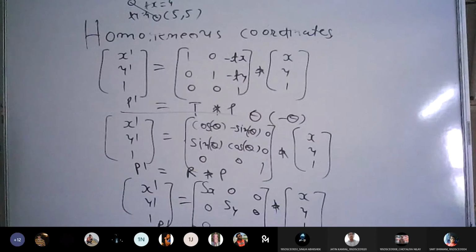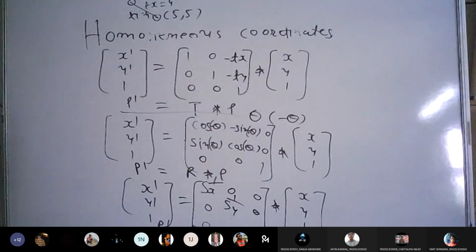So sx and sy will be replaced with 1 by sx and 1 by sy to get the inverse scaling. Is it fine? Yes, sir, now I understood. You can replace sx with 1 by sx and sy with 1 by sy to get the inverse scaling.